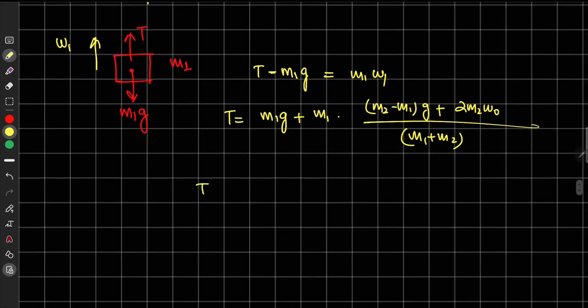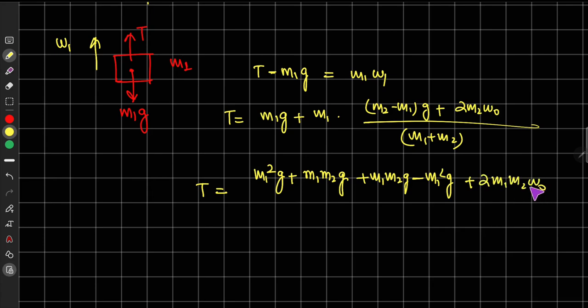So let us expand this particular expression. So we will get m1 square g plus m1 m2 g plus m1 m2 g minus m1 square g plus 2 m1 m2 w0, whole divided by m1 plus m2.